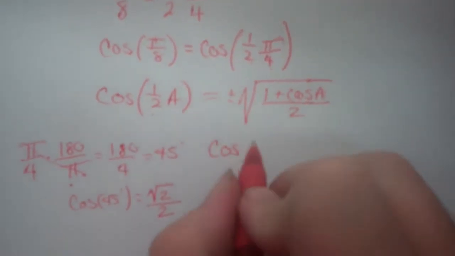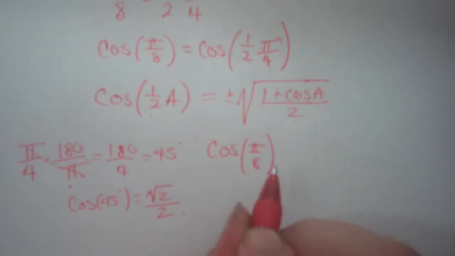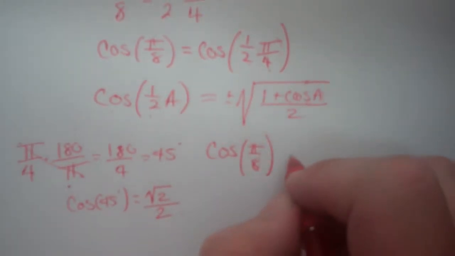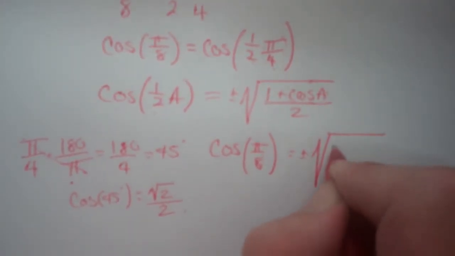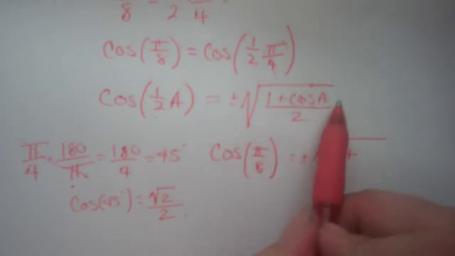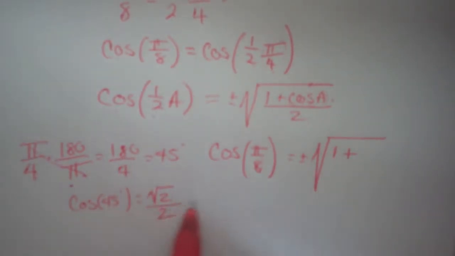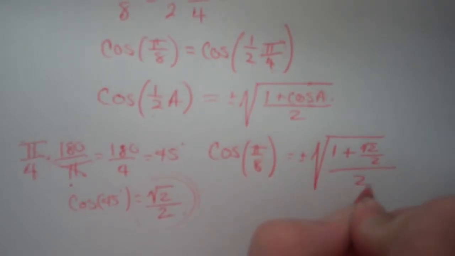So the cosine of pi over 8, which is the same thing as 1/2 of pi over 4, is equal to plus or minus radical 1 plus the cosine of A, which is the cosine of pi over 4, which is the cosine of 45 degrees, which is equal to radical 2 over 2. So I'm putting in radical 2 over 2 there, over 2.